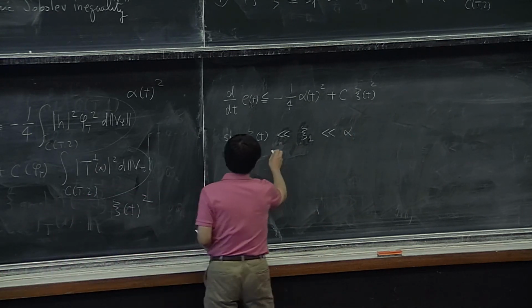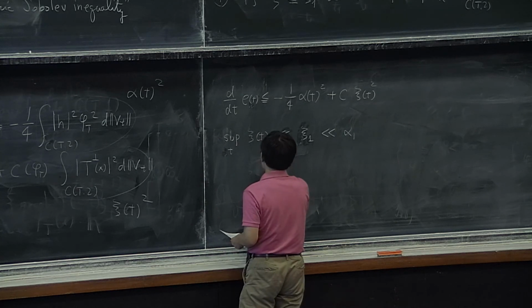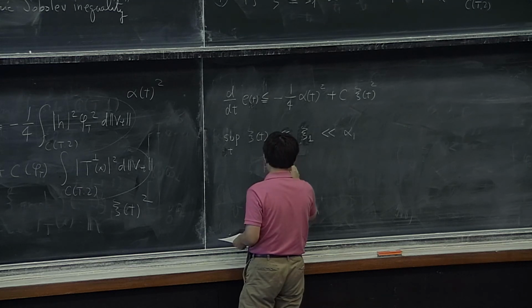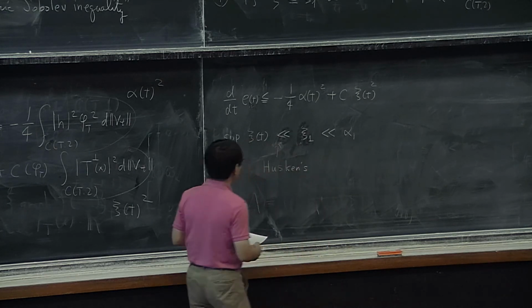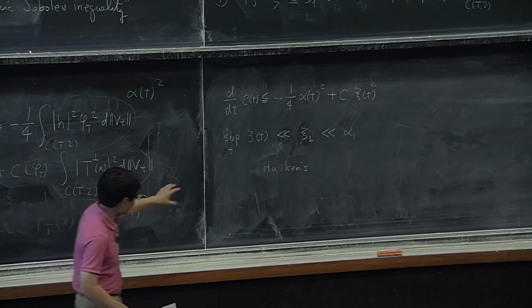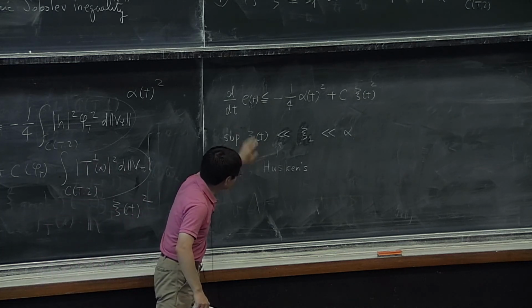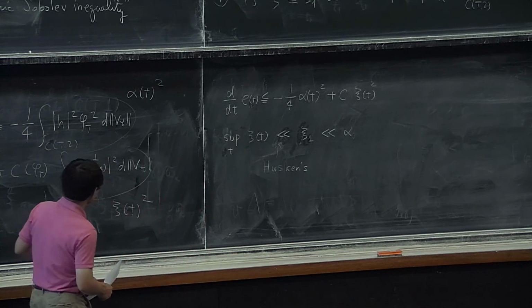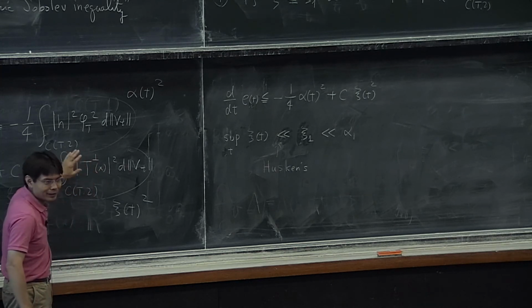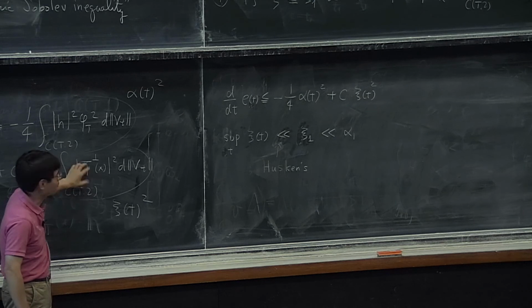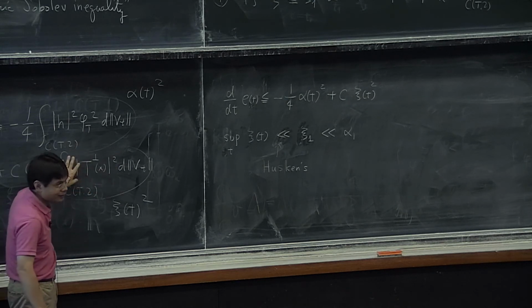This comes from, well, tomorrow I will explain this, because today I have another lecture. Just use Huisken's monotonicity formula. I can prove this can be made uniformly small. This L2 norm is uniformly small, so I can forget about this term. It's extremely small compared to other things.